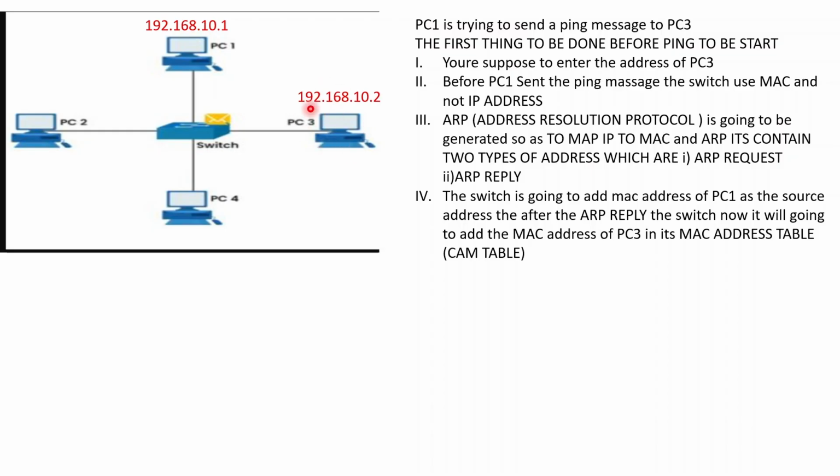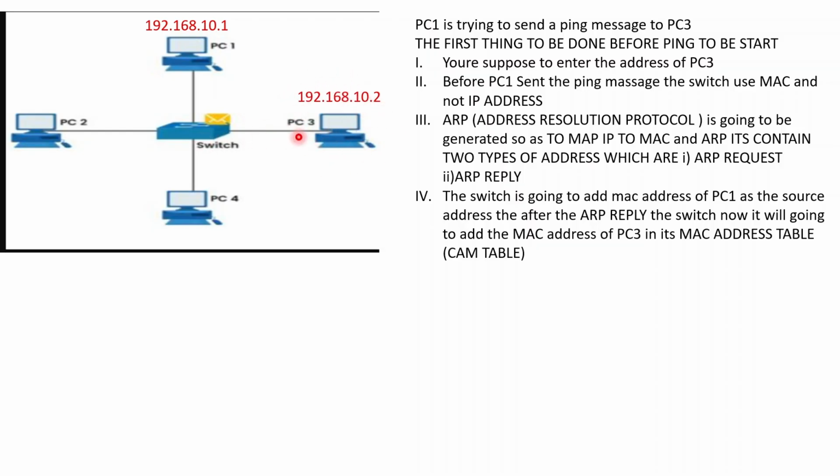But do you remember the broadcast frame contained the ARP request? That ARP request is going to associate the IP address with its MAC address. That ARP message is now for PC number 3.